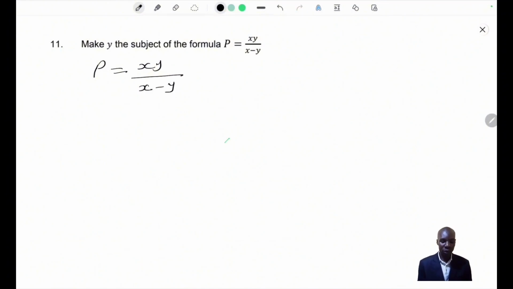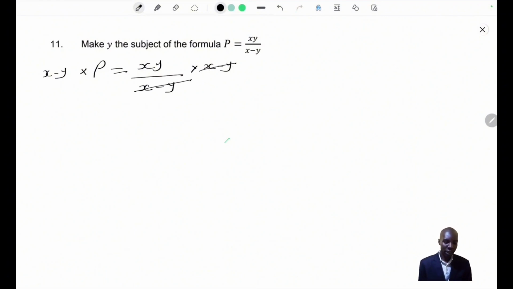So the first thing that we are supposed to do here is to do away with the denominator by cross multiplying both sides with the denominator. So we'll have x minus y, x minus y. Then this one cancels with that.